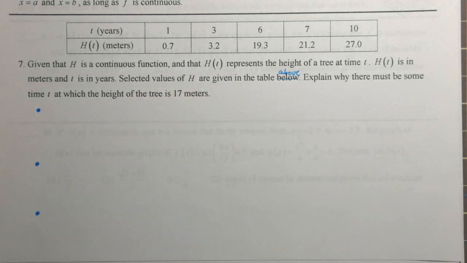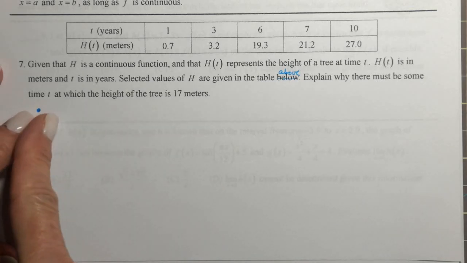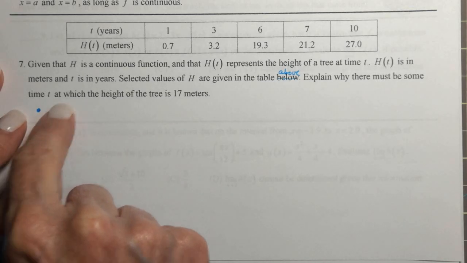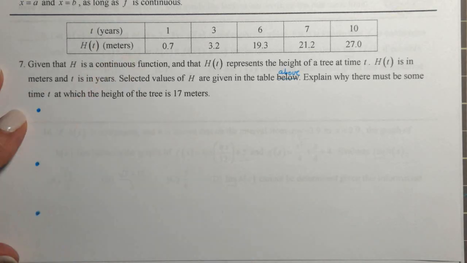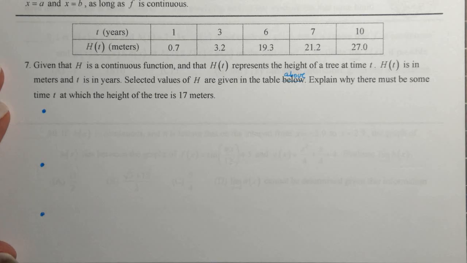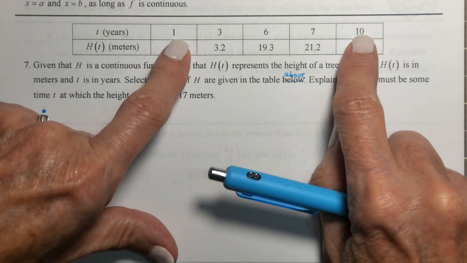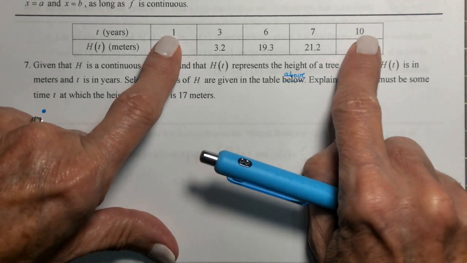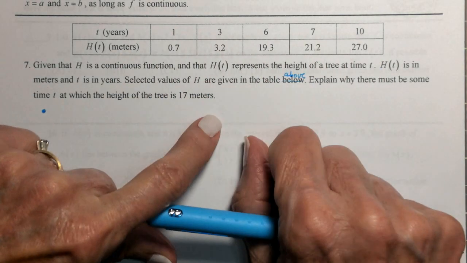I like to use bullet points usually. All right, number 1, I need you to restate the basic condition. The basic condition is that I need for h to be continuous, specifically on the closed interval from 1 to 10, or whatever I'm going to be using, okay?